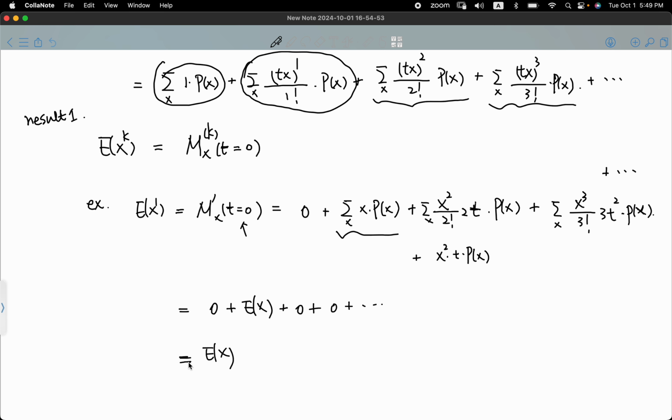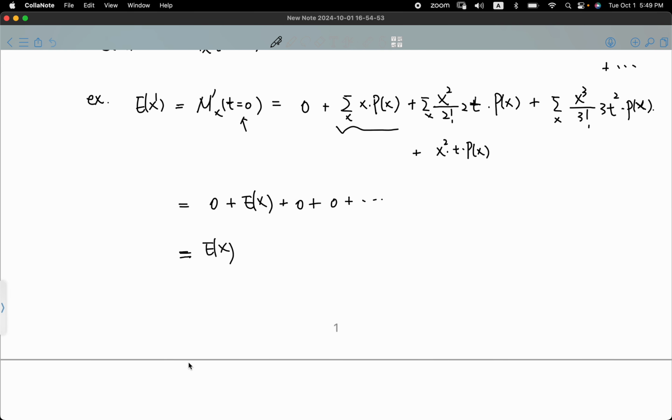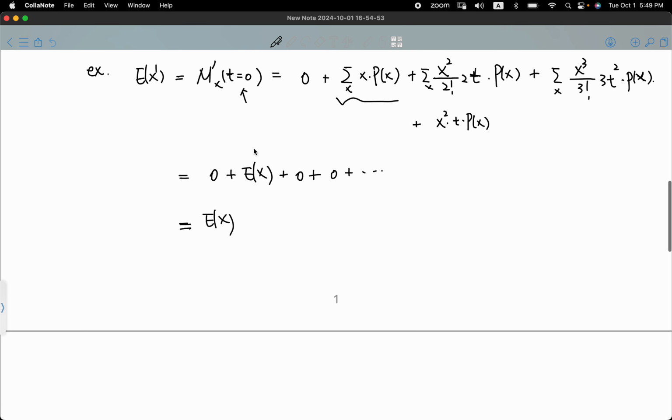Okay, so next, let's also try the second moment. So by our result, we should only need to take another derivative from here, set t equal to 0, and let's see if that will give you the second moment or not.